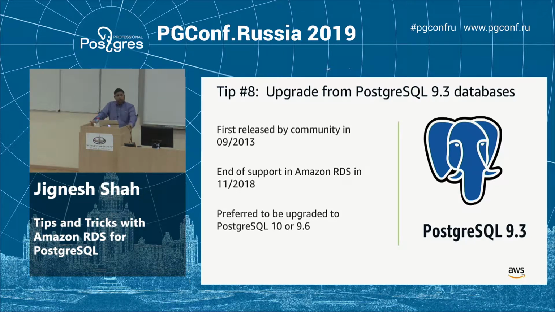So if you're running 9.3, you should start upgrading. Later this year, we'll also start deprecating 9.4. So if you're running 9.4, you should start moving ahead. Typically, the recommendation is that you should upgrade at least every 2 to 3 years if you're running on a major version older than the current one.